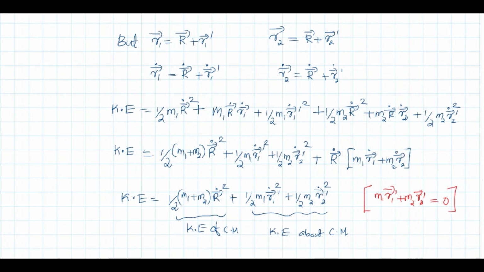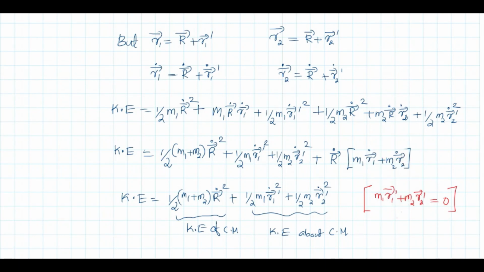Now, this m1 r1 prime plus m2 r2 prime is equal to 0 according to the principle of moments, because r1 prime and r2 prime are the position coordinates of these particles with respect to the center of mass. By the definition of center of mass, m1 r1 prime plus m2 r2 prime will be 0. So if you take the derivative, then also it will be 0. So this term will vanish.